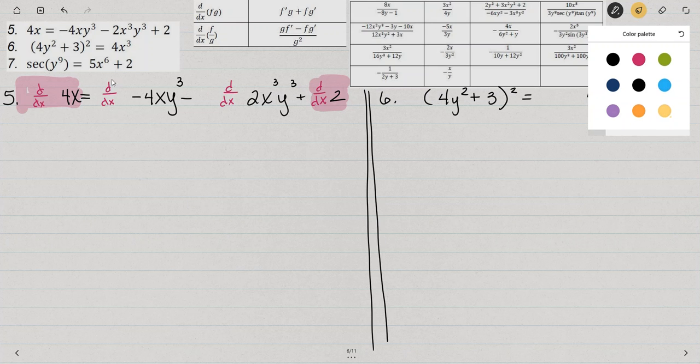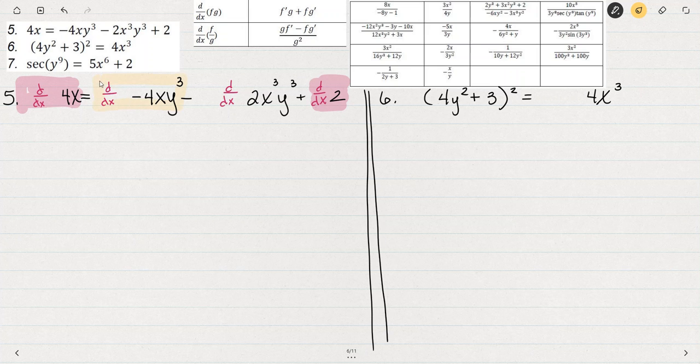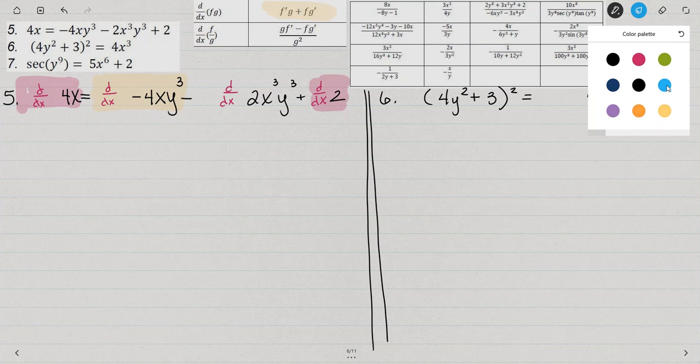I'm going to have to pay a little more attention to this piece, because do you see what happens? We've got an xy cubed, or maybe think of it as a negative 4x times y cubed, or maybe think of it as a negative 4 times xy cubed. Any way you look at it, we're going to have to apply the product rule, so that's going to involve a bit more.